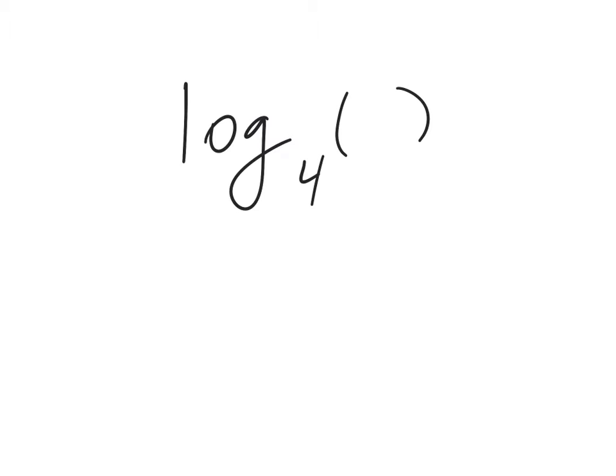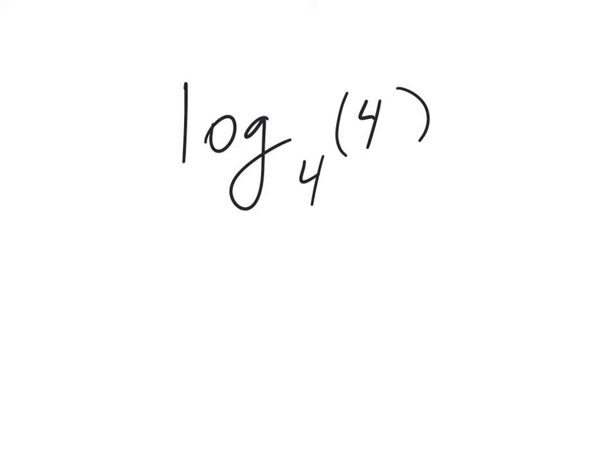If it was log base 4 of some magical number, anything you want, what would be an easy number to have? 2 is not an easy number. Let me explain why. Because log base 4 of 2 doesn't work out nice. Log base 4 of 4 would work out nice. So this is the ideal thing to have there, log base 4 of 4. Do you know what log base 4 of 4 is equal to?